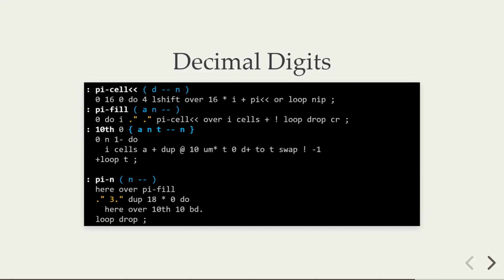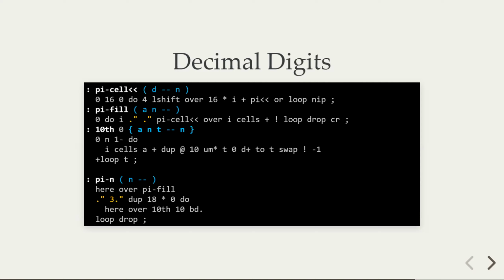So I accumulate a bunch of the hex digits, and then I've got a 10th operation that will slide over and multiply by 10, and then I can pick off the decimal portion at the front. So as I'm walking through printing, I can keep multiplying by 10 and fish things out.